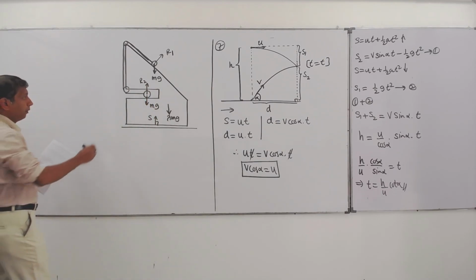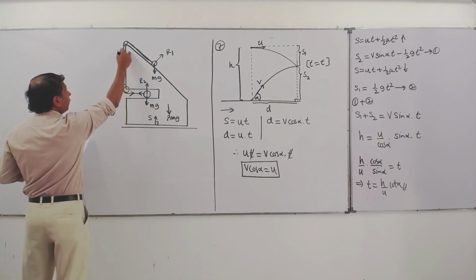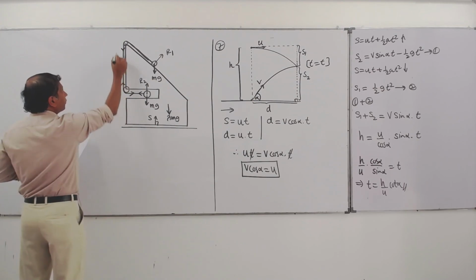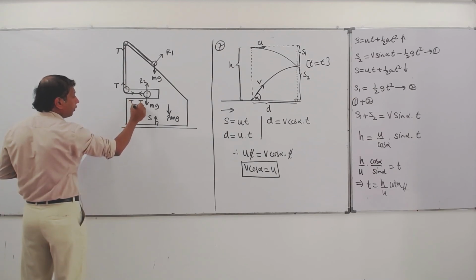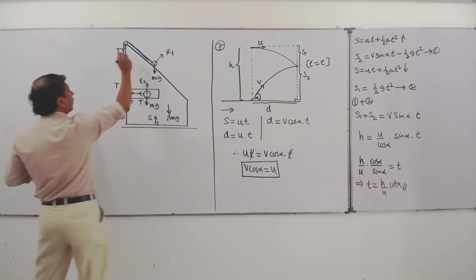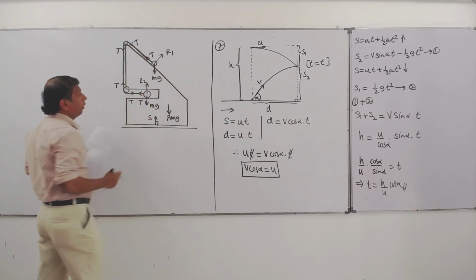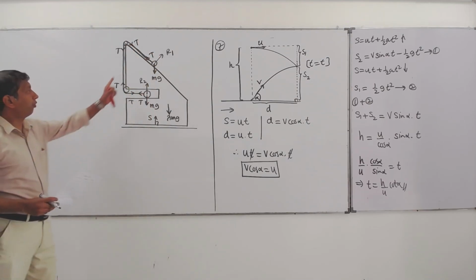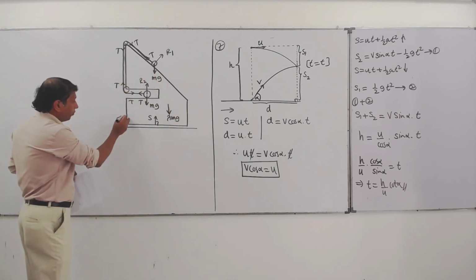Right. There's a tension in the string. This way, this way, this way, this way we can mark it. Here also the tension T available. Right, now what happens, people? Once this particle slides down along the face, the wedge is moving in this direction.